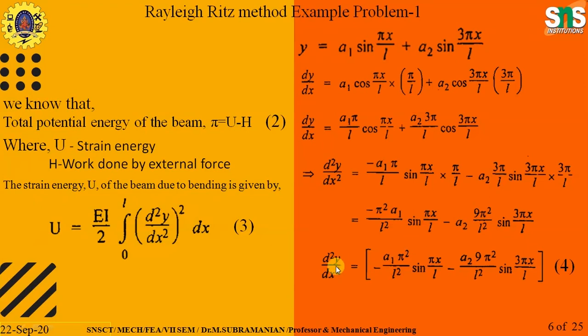So finally we get equation number 4, determining d²y/dx² equals minus a1 π²/L² sin(πx/L) minus a2 9π²/L² sin(3πx/L).